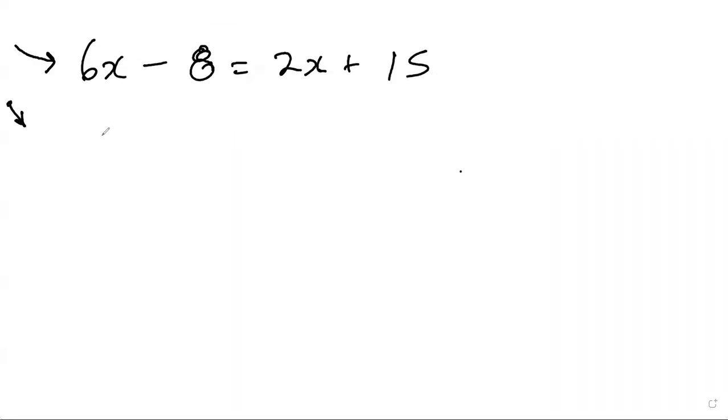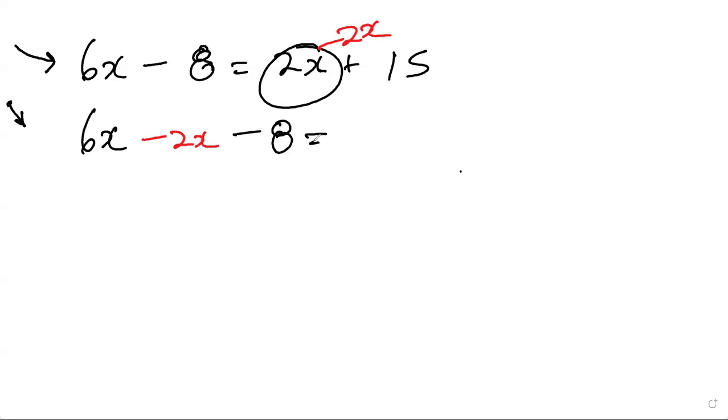Alright, so we have 6x. We need to group it with the 2x, right? So we minus 2x from both sides. So we open it, alright? So we have minus 8 here. The 15 would be the same, right? So now we need to get rid of the minus 8 by taking the opposite of the minus 8, which is to plus 8. And of course, we are going to subtract now.